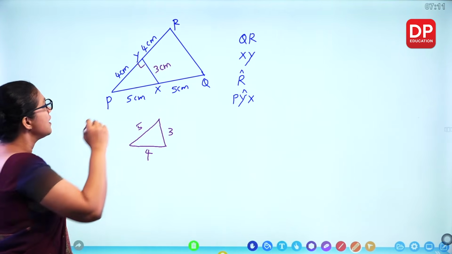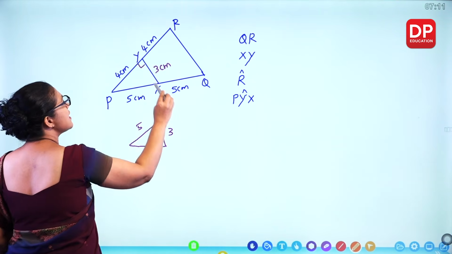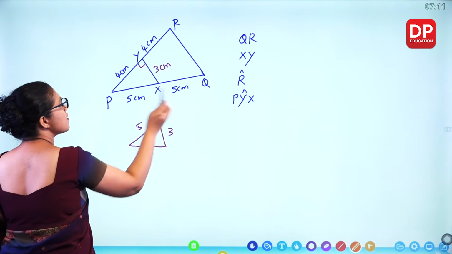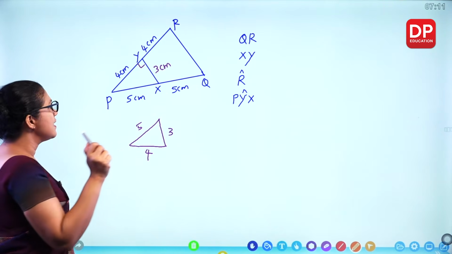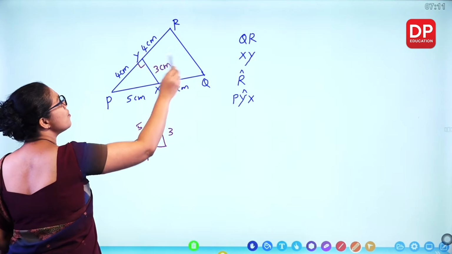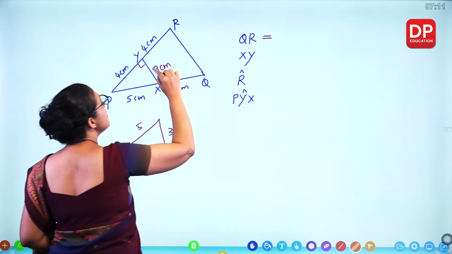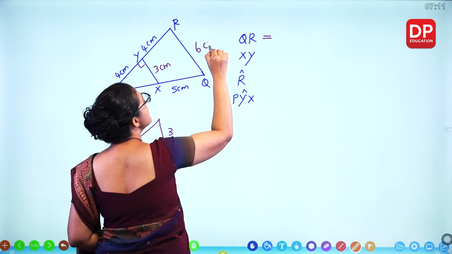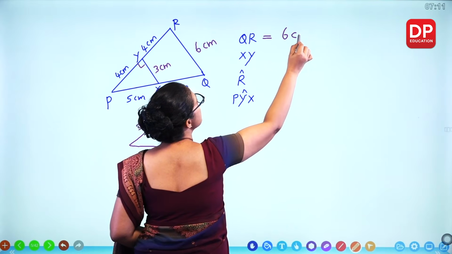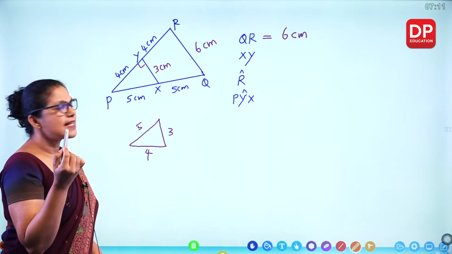Then if this is the case, what is QR? What do you think? These are two midpoints, and the line connecting the two midpoints of two sides is parallel to this one. So you will realize the QR length is double of this one. So this becomes 6 centimeters. Then what is XY?